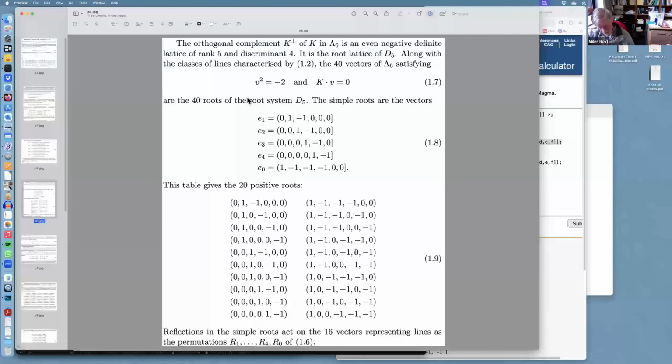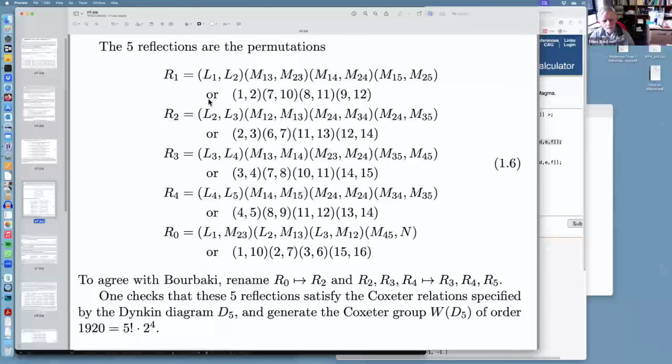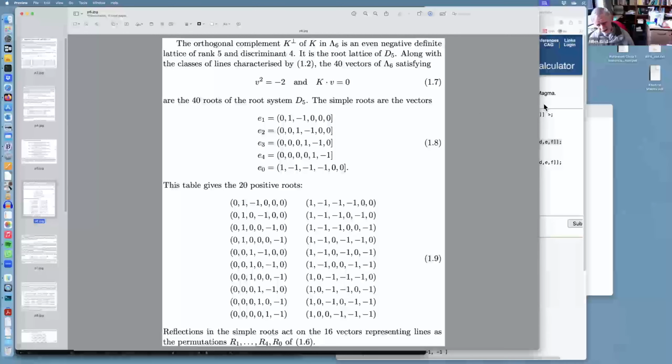So that group I told you of, of order 1,920, has 40 roots and 40 involutions in those roots, 40 reflections in those roots. And it has plenty of other conjugacy classes of order 2.